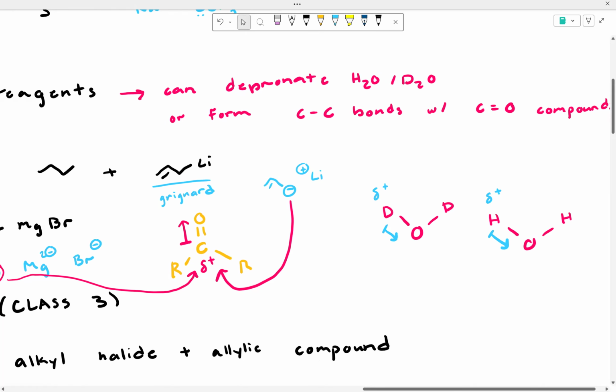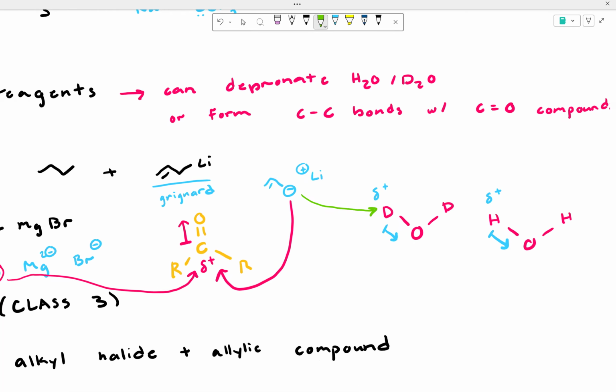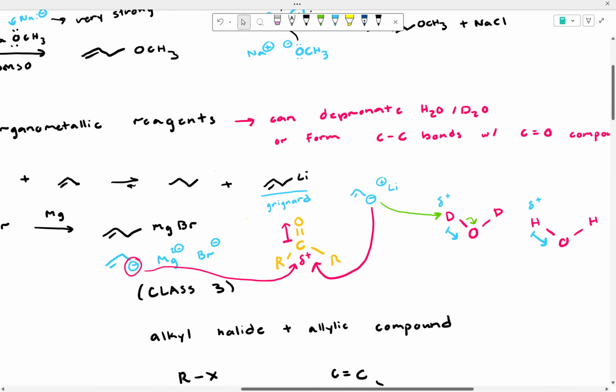This allows our Grignard to similarly deprotonate the molecule and fully give the electrons to it. And we'll see this happen later on as well.